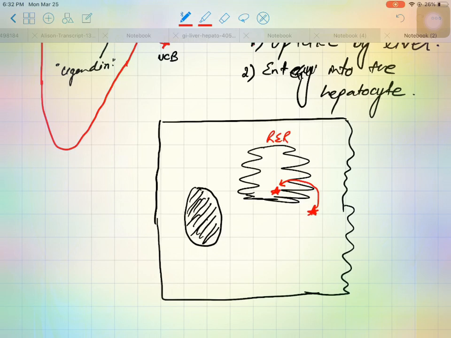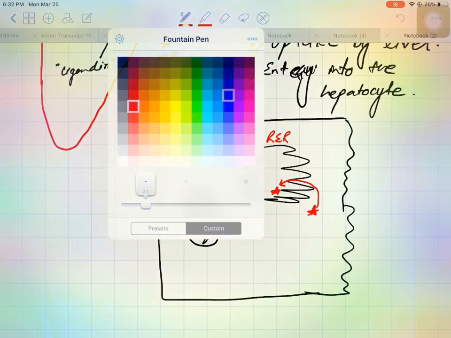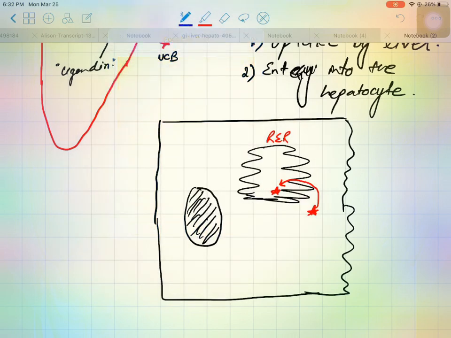Here are specific enzymes, and these enzymes are responsible for the conversion of unconjugated bilirubin into conjugated bilirubin. The enzyme is called UDP glucuronide transferase.